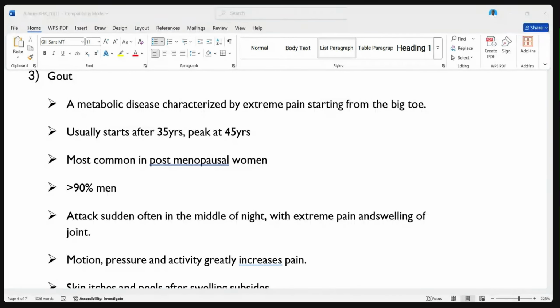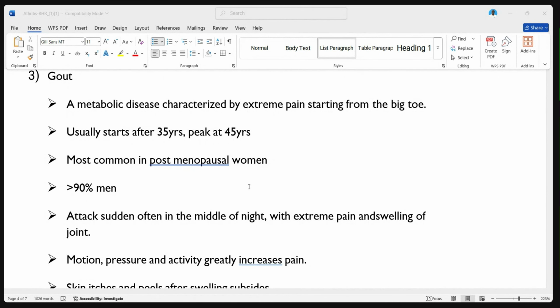You can proceed now. So I was saying that this is a crystal-induced arthritis. Majorly, this comes about because of what is called high uric acid in the blood. There's high accumulation of uric acid in the blood. Inaitwa hyperuricemia, something like that.